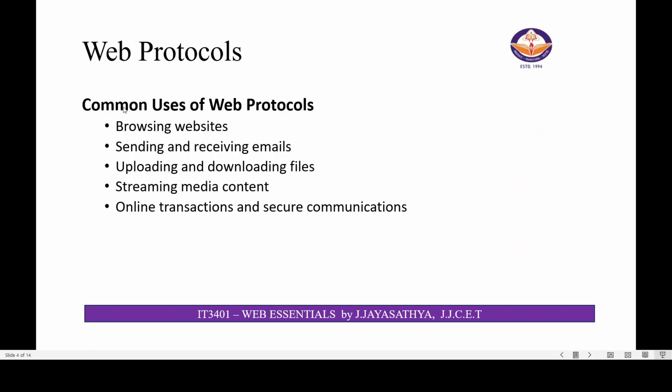And the common uses of web protocols is browsing the websites, and sending and receiving the mails. Sending and receiving the mails is only achieved because of the web protocols, and getting the websites is achieved by the HTTP protocols, and uploading and downloading the files is achieved by the web protocols.